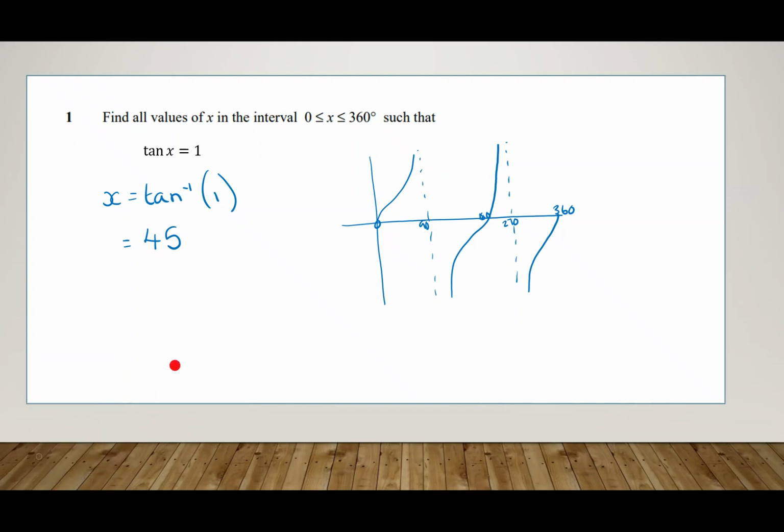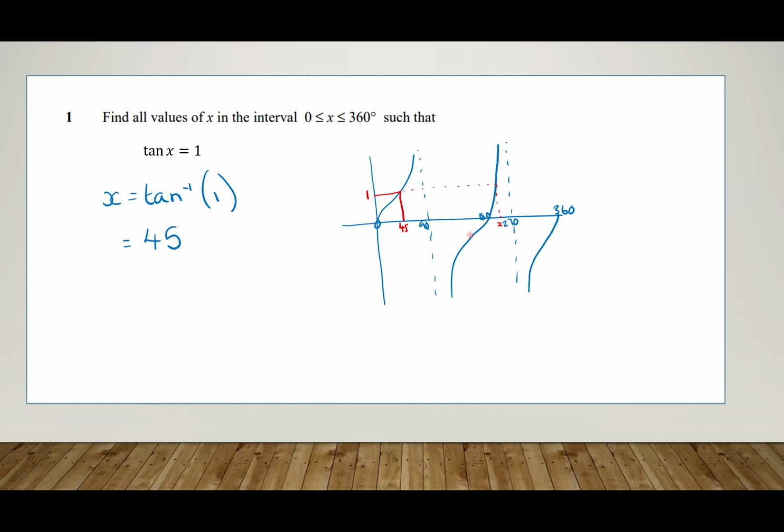Now the solution that I have just found was when x was equal to 45. So this was about this point here, when y was equal to 1. Again, I'm going to extend my line of y across, and I'm going to see that it does intercept a second time. And this is my second solution that I need to try and find.